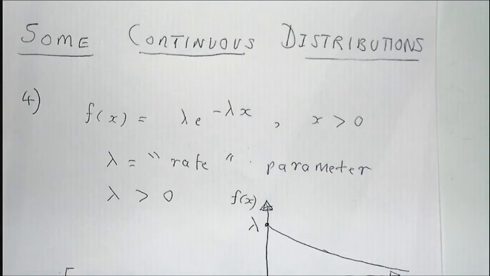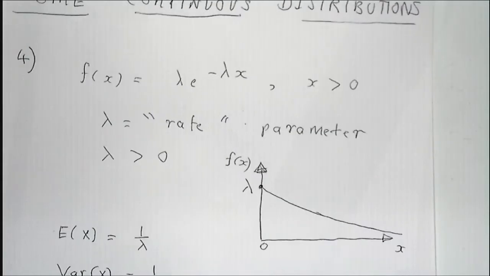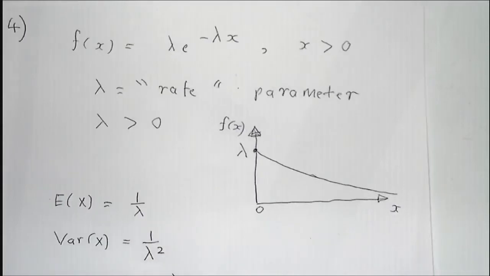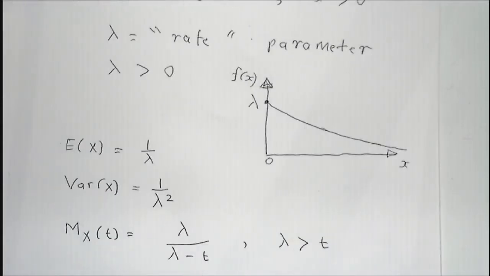These are some properties of the exponential distribution: the expected value, the variance, and the MGF.